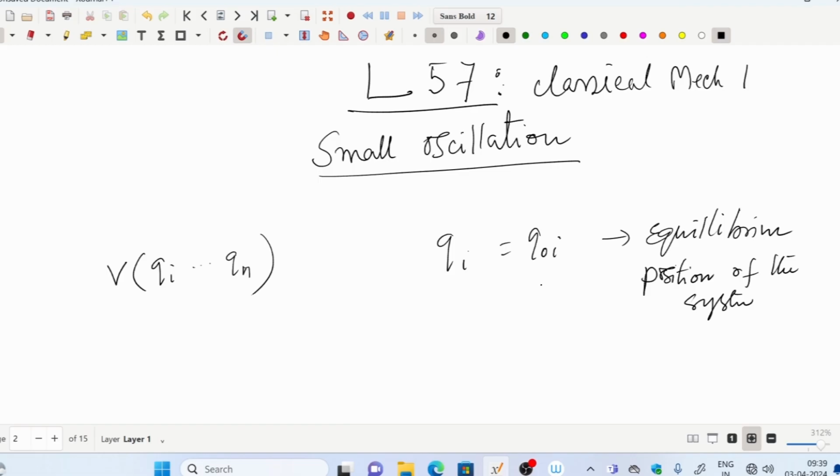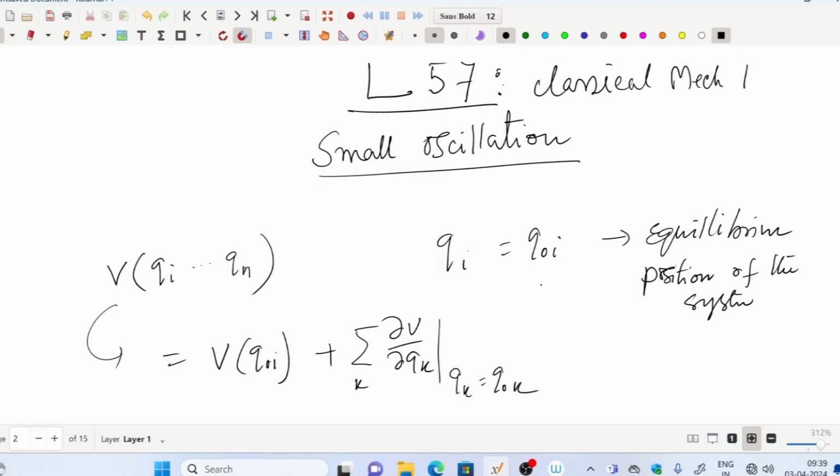Last class we arrived at the result that this potential can be expanded in a Taylor series around this equilibrium. I will write here: V of q0i at the equilibrium position, plus sum over k of del V del qk, calculated at qk equal to q0k.